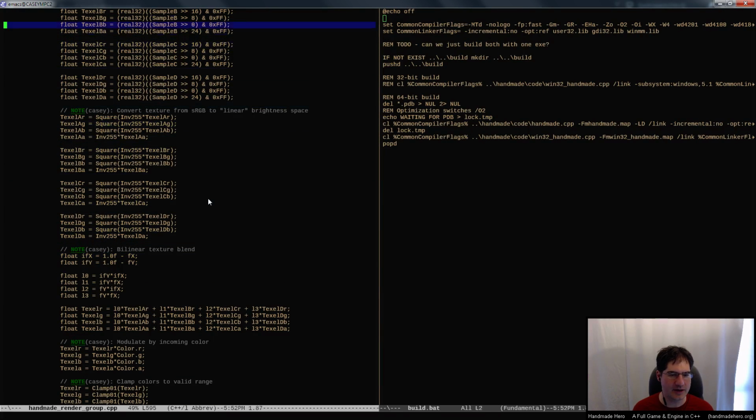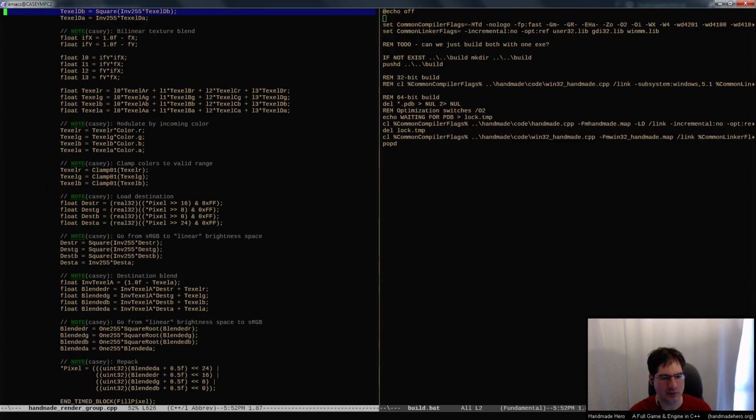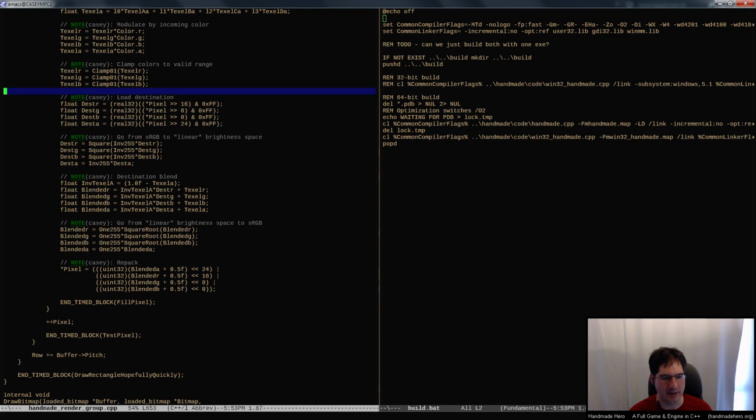The reason is that everything else we do in scalar form could easily be blown out to do 4 pixels at a time. Anything that's just a regular operation like this could just be done on 4 pixels at the same time.